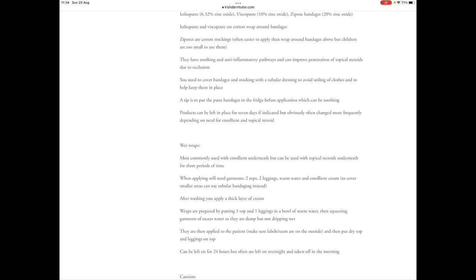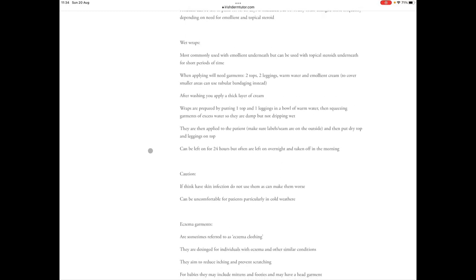One practical tip is that you can put paste bandages in the fridge before application, and this can be quite soothing when the bandages are applied. In general, the bandages can be left in place for 7 days, but obviously oftentimes you'll want to change more frequently, as they'll need emollient put onto them, plus or minus topical steroids.